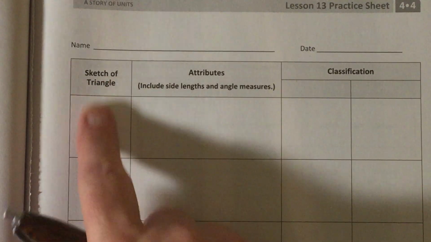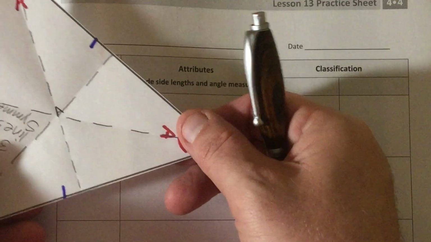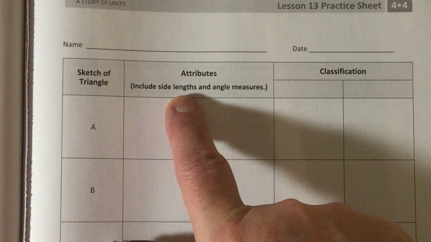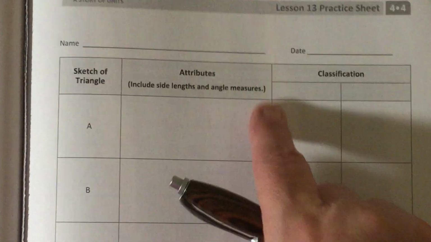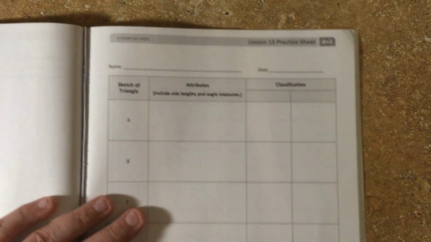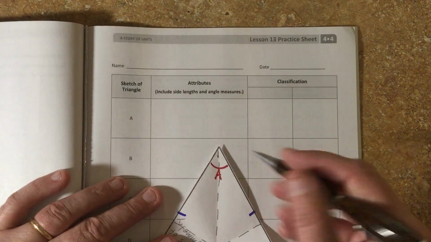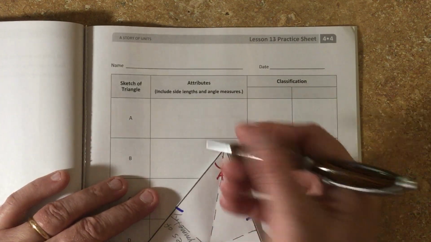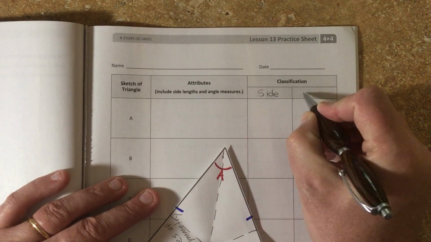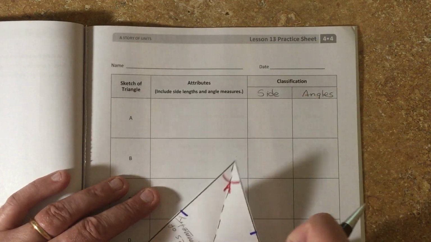I'm not going to sketch the triangle right now, but I am going to look at triangle A. It says attributes. Include the side lengths and the number or angle measures. So looking at triangle A, we're going to start with side length, because over here we're going to start by the side and then by angles. I'm going to write those words in over here.